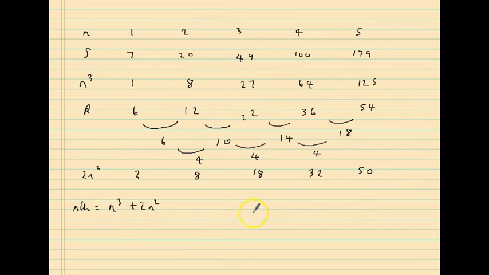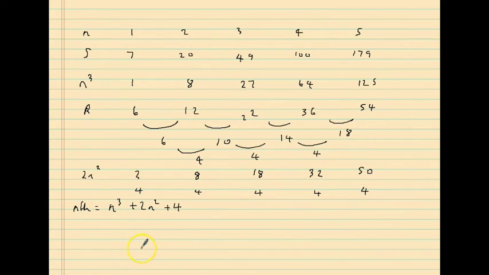And now we're going to compare our residual sequence with our new 2n squared sequence. So 6 take away 2, 4, 12 take away 8, 4, 22 take away 18, 4, 4, and 4. So now we know that we need to add 4 onto all of these to get to our final nth term.